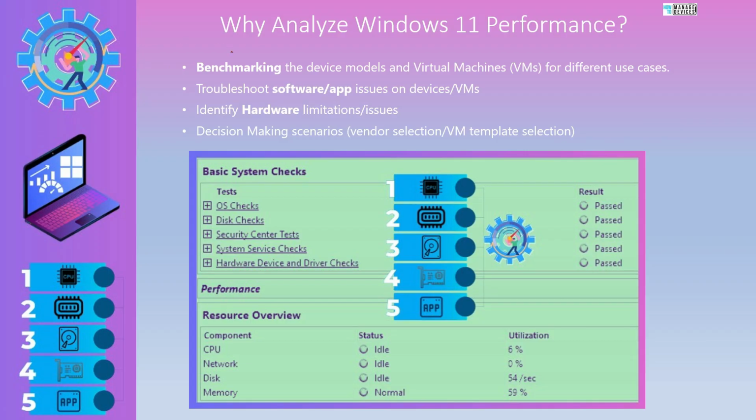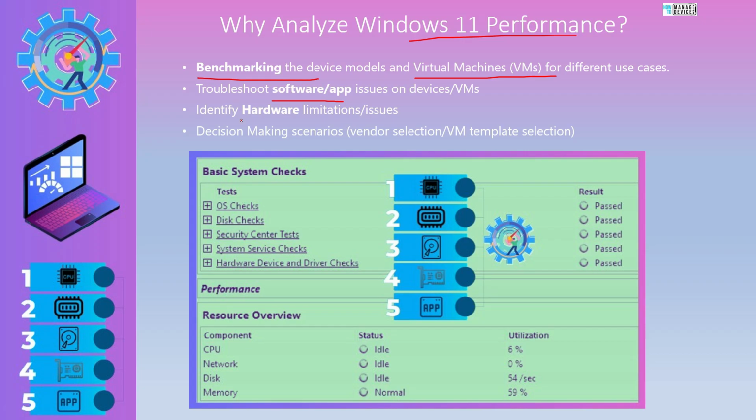First of all, let's understand why do we need to analyze the performance of Windows 11. There are several reasons for that. One is benchmarking of the devices, benchmarking of device models and virtual machine templates, and categorizing them based on the use cases. We'll do the performance analysis to troubleshoot software or application slowness issues.